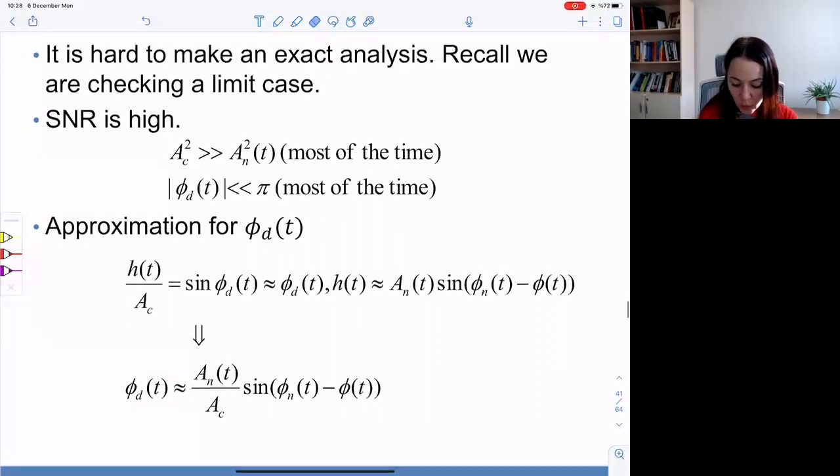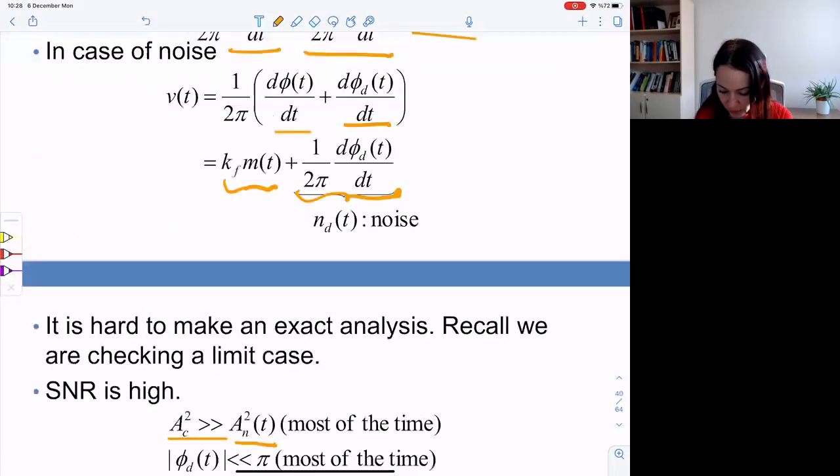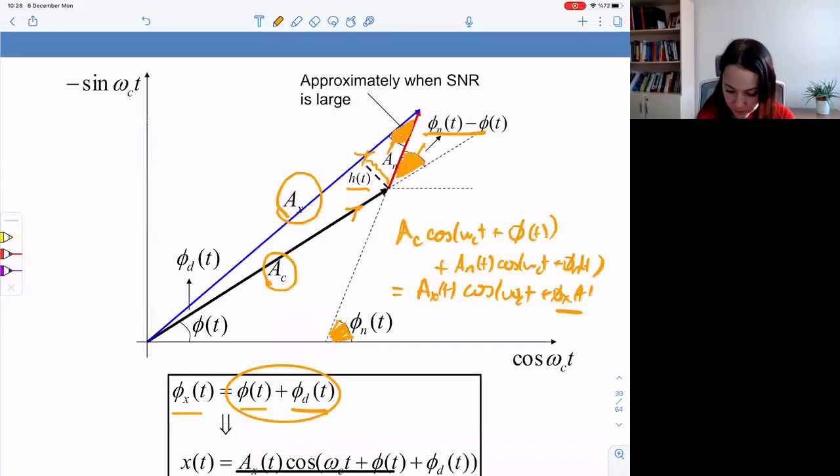Now when the SNR is high, AC squared is larger than AN squared most of the time, and phi d in magnitude is much less than pi most of the time. So we'll go back to that h of t, the height in the triangle. Now focus on this h of t.